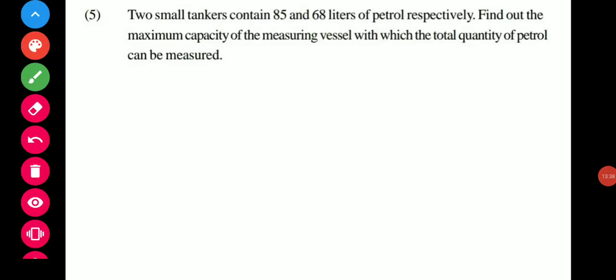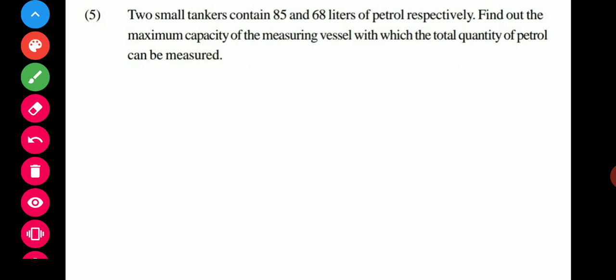Question number 5. Two small tankers contain 85 and 68 liters of petrol respectively. Find out the maximum capacity of the measuring vessel with which the total quantity of petrol can be measured.